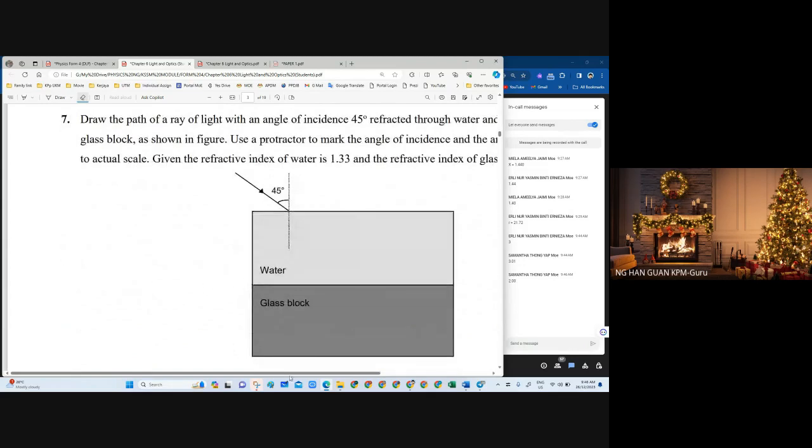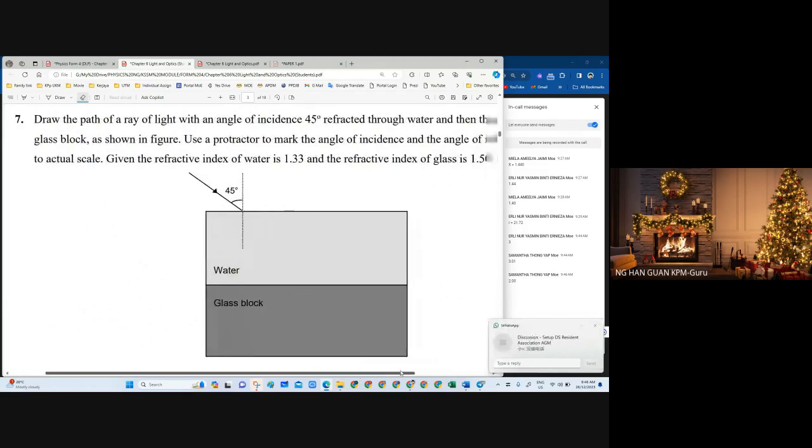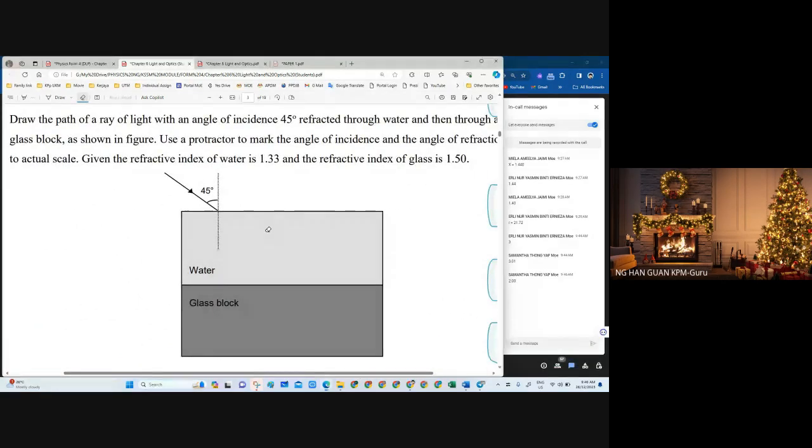Okay, so number 7 is quite challenging. Number 7, this question actually is from the old syllabus textbook. In the old syllabus textbooks, at that time, as I said, we didn't introduce the real Snell's law, we only introduced a simple formula.